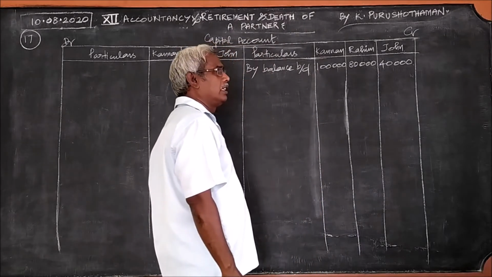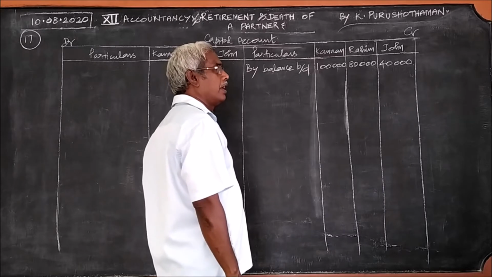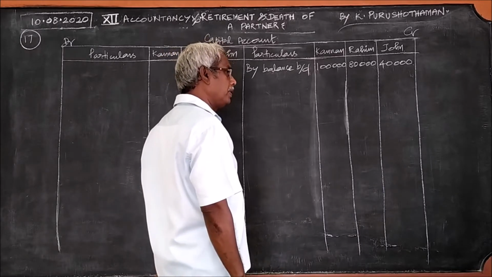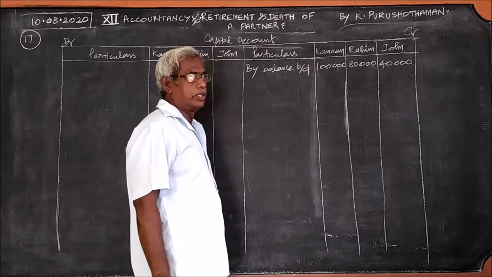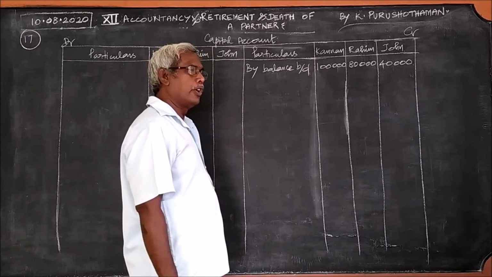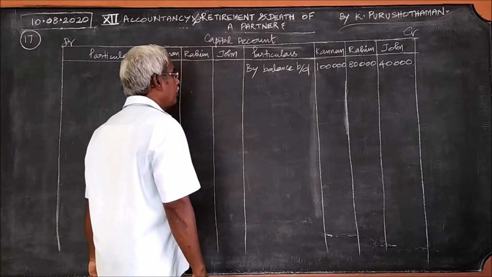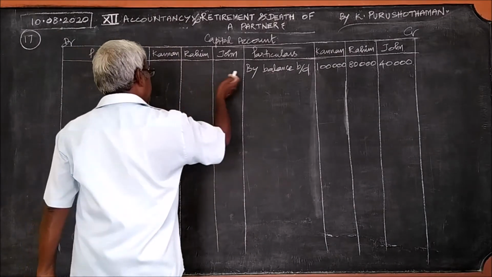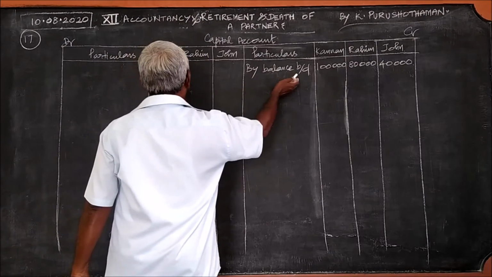After this, what should you write? The next one, revaluation profit or loss. In this problem, we have already prepared the revaluation account. We found out the loss, therefore the loss should be written on the debit side. If it is profit, we can write by revaluation account.